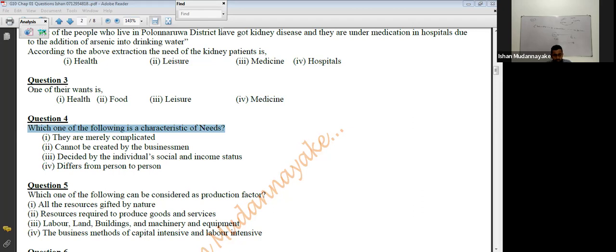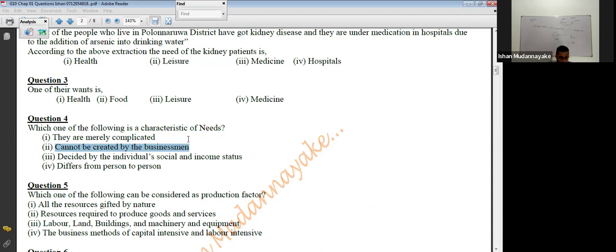Yes, Himaya, correct. One of the characteristics of need is that it cannot be created by a businessman. So the second one is the answer. Yes, Chamat. Cannot be created by a businessman.